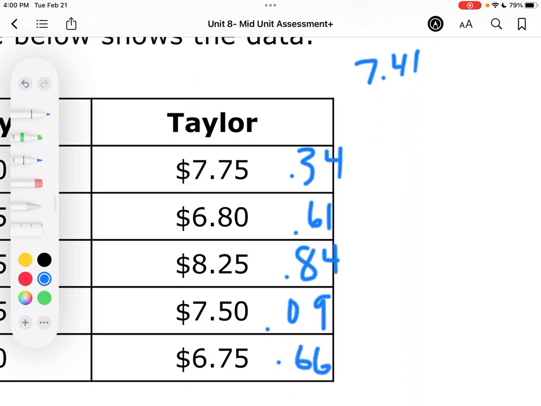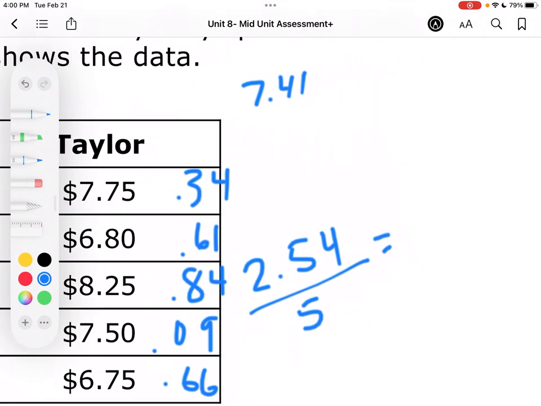Then I'm going to add up these 5 numbers. This is very time consuming.